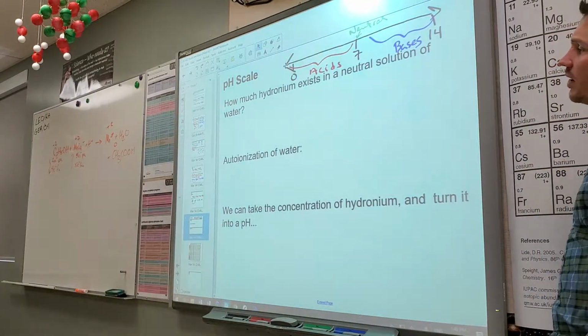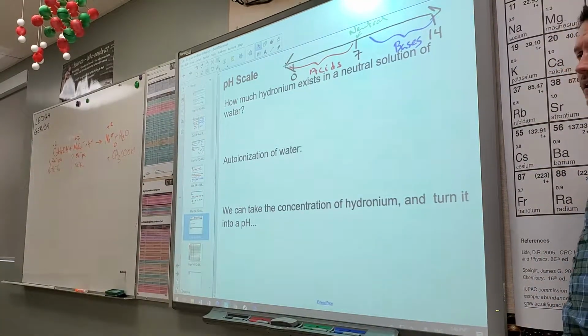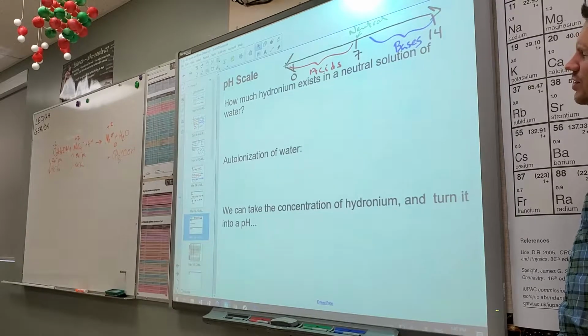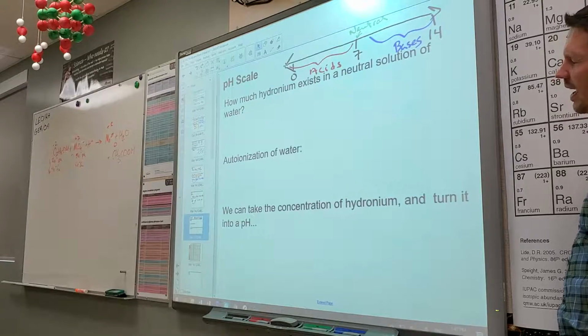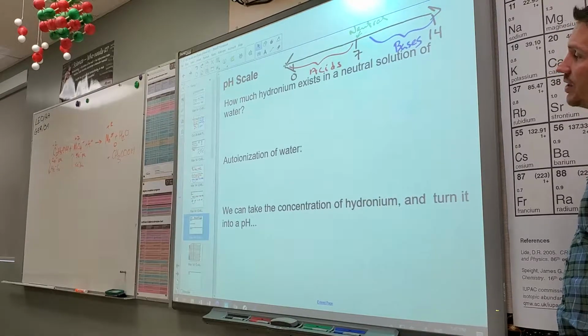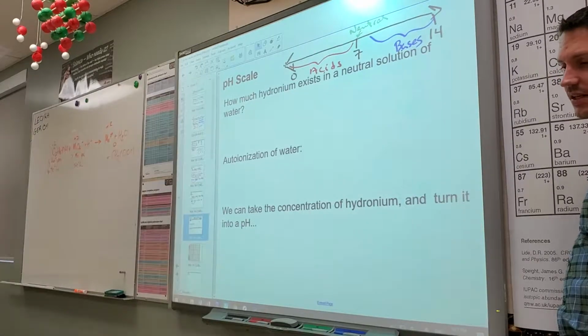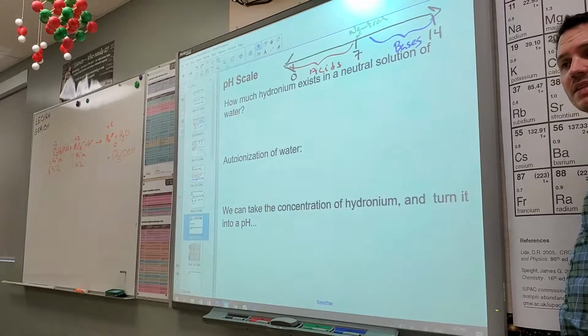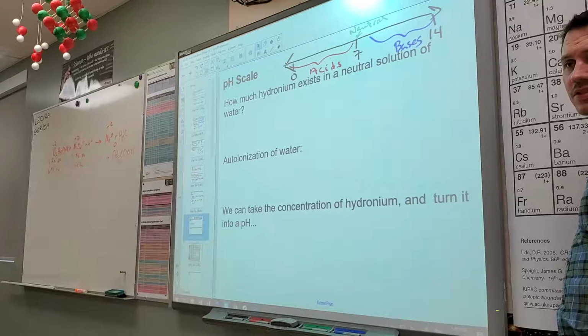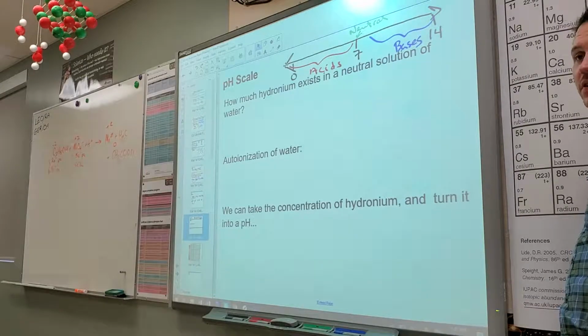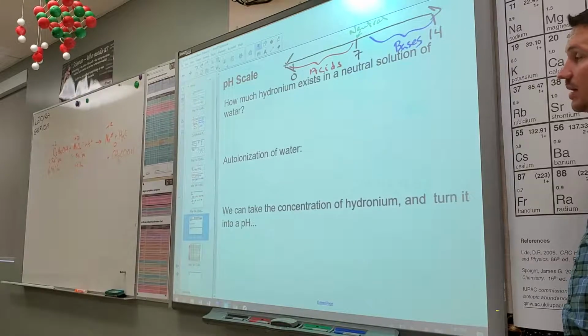Okay, so what we want to know, in a neutral solution of water, is how much hydronium is actually existing in water. And do you remember when I asked, does water conduct electricity? And what was my answer to that? My answer was everything conducts electricity, because everything is at least a little bit conductive.